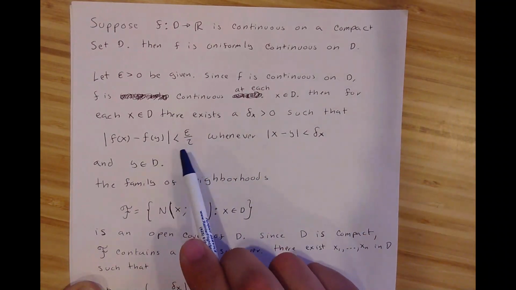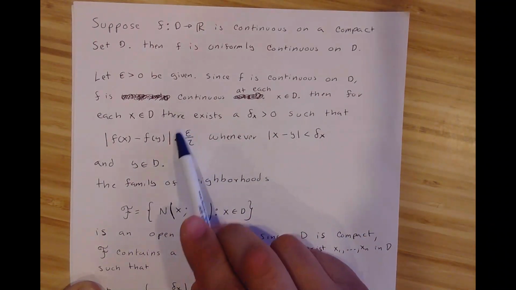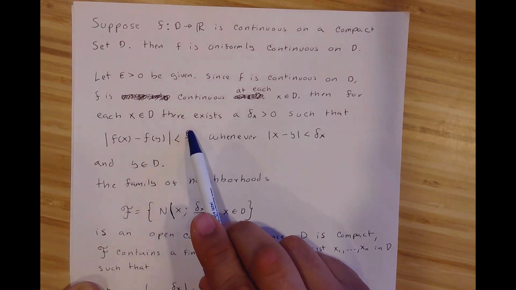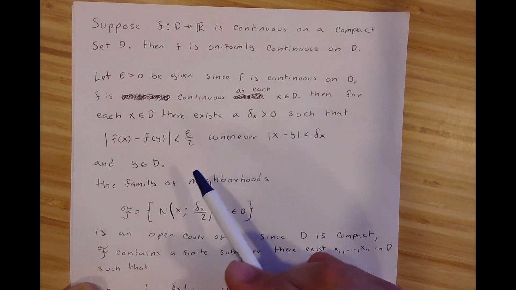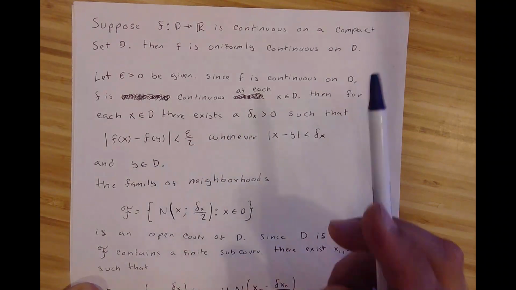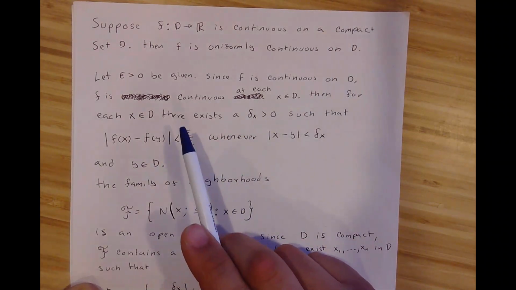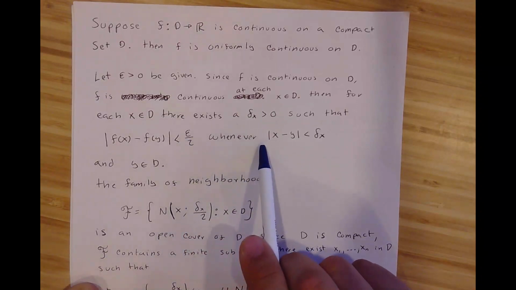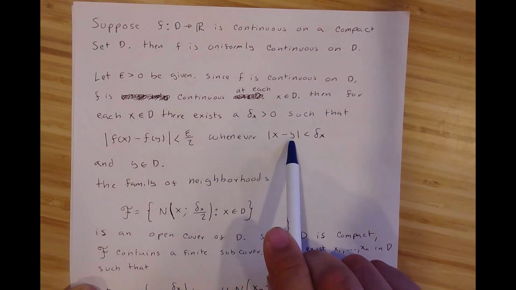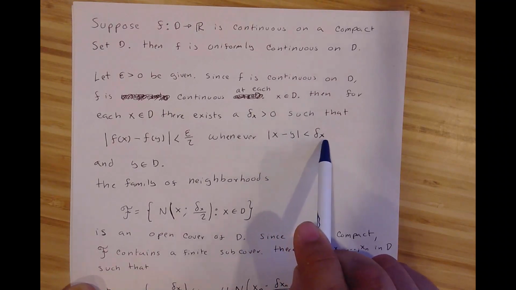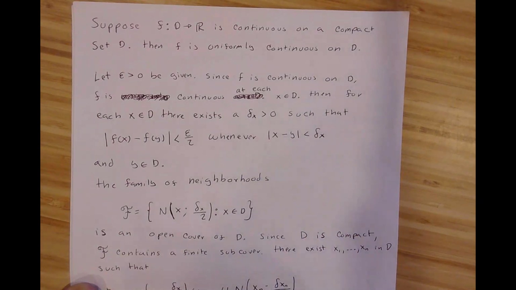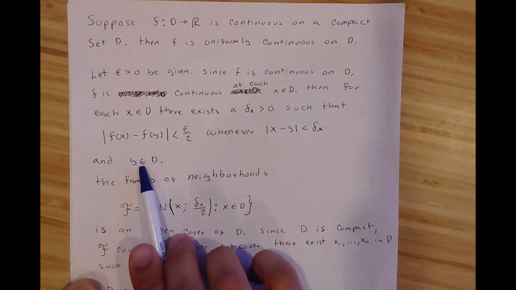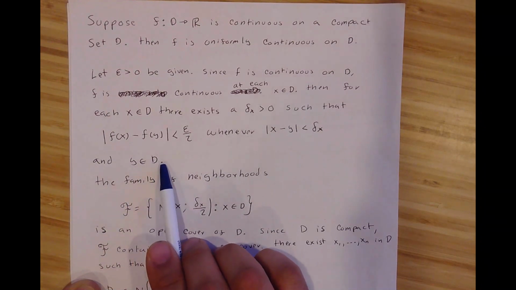Whatever epsilon you have, divided by 2, it still works because f is continuous, it works for every number. This delta x depends on this x, and y is also inside of the domain.